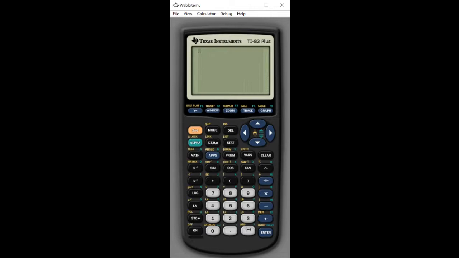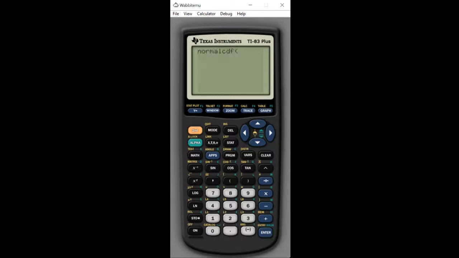Let me see, give me one quick second. Okay, do you see it right here? It's right next to the clear button. V-A-R-S. Okay, I see it. Yeah. You're going to hit that one, and then scroll down to the second one. It says normal CDF. Okay, got it.